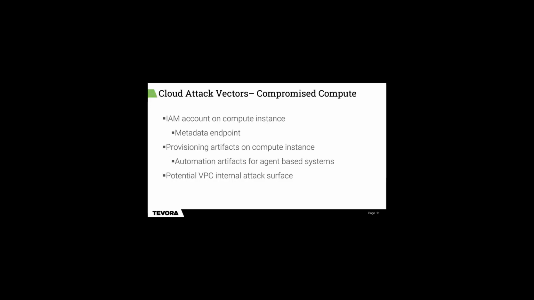So specifically talking about AWS, you have an IAM account on the compute instance, and if I'm on a compromised server, one of the first things we're going to do is query the metadata endpoint. If you aren't familiar with how this works, I'll just stick with AWS for now, but a lot of things work really similarly.